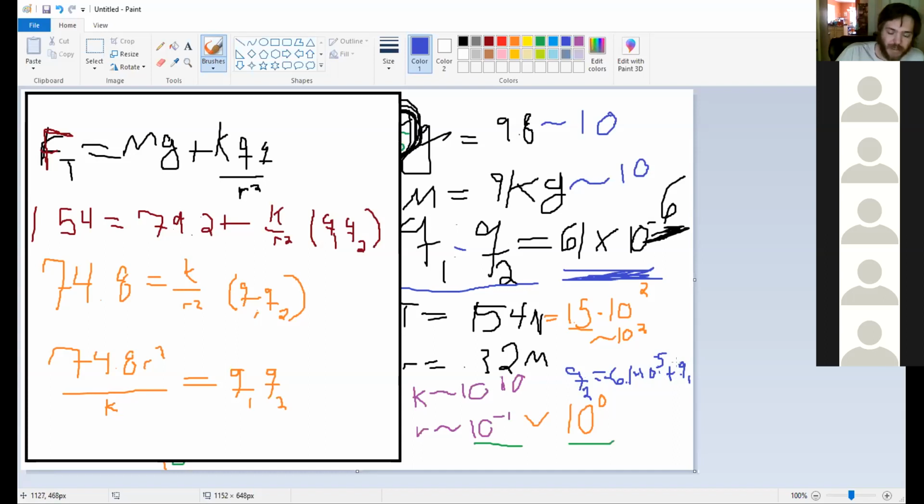So now we can solve by replacing, just like we normally do in the other videos, Q2 with this formula involving Q1. We get Q1 times negative, in this case, 6.14 times 10 to the negative 5, plus Q1.